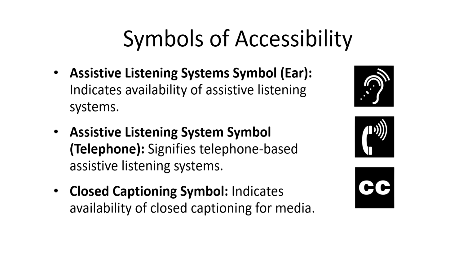It indicates the availability of assistive listening systems, this one. Assistive listening system symbol for telephones. So, it signifies telephone based assistive listening systems. Then the closed captioning symbol, which indicates the availability of closed captions for media services, this one.